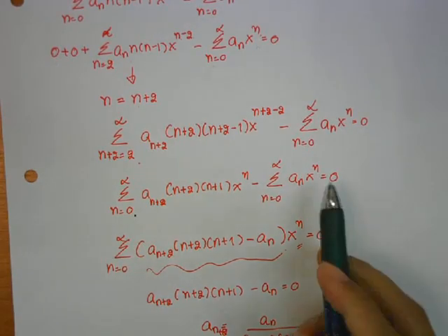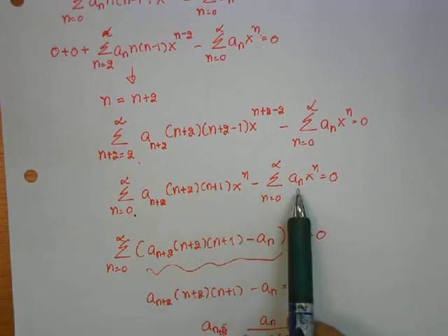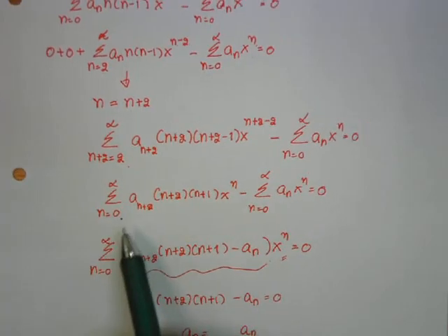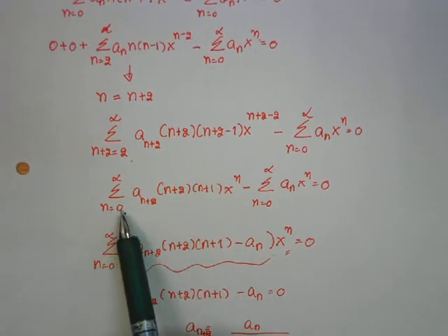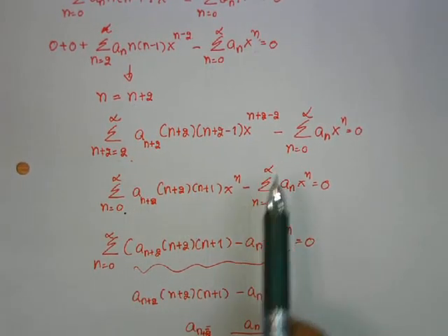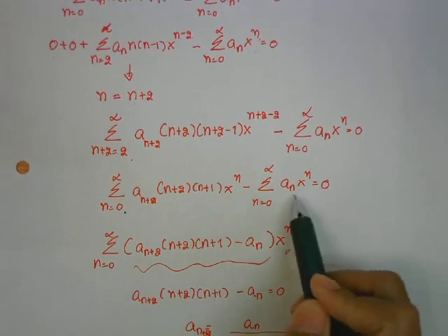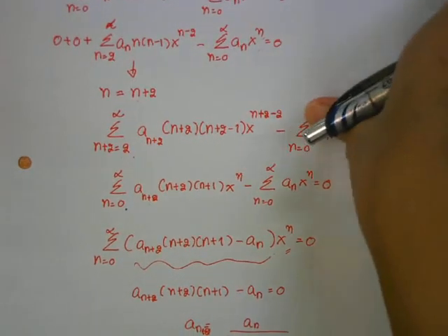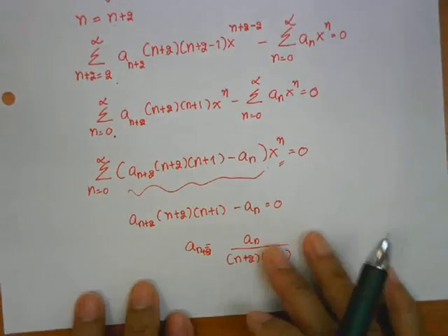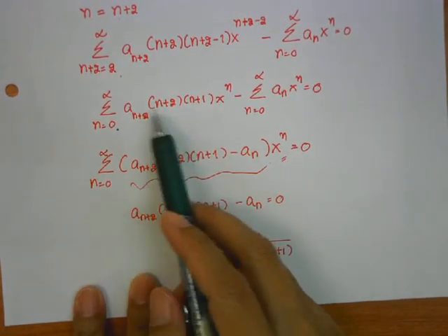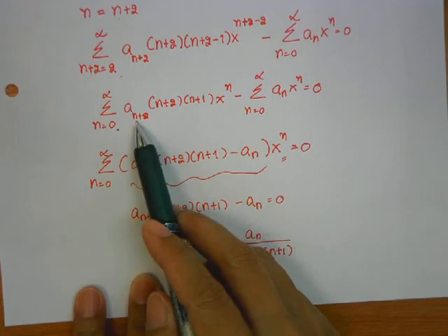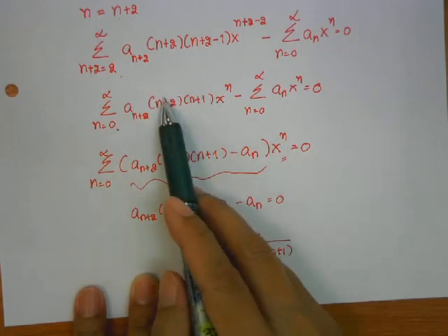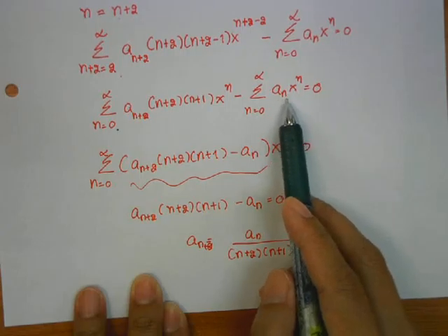Okay. Now, these two we would be able to sum together, right? Because now you have n starting from 0 to infinity, the same, and you have x to the power n the same. So in that case, you do the summation of them. Because an plus 2, n plus 2, and n plus 1 are all constants, and this an is a constant too.